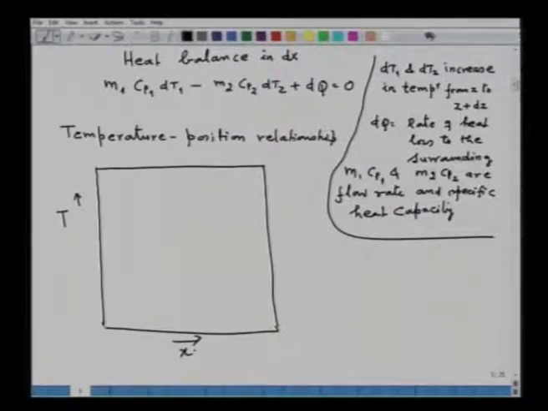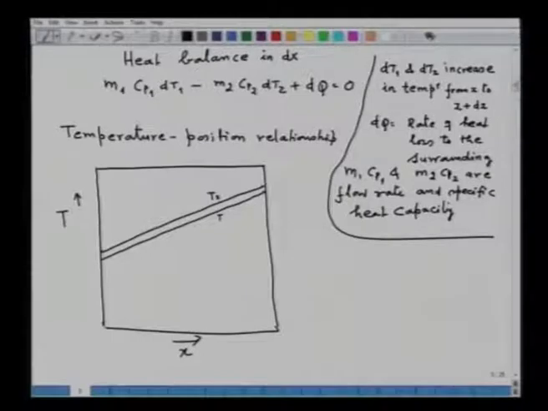One situation that can occur is a very small temperature change between the two streams. This is say T2, this is say T1, and this is the temperature difference between the two streams.